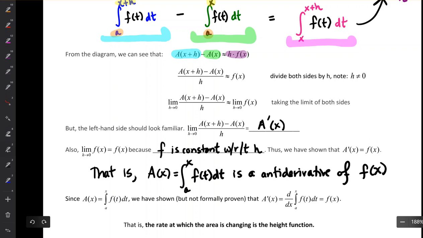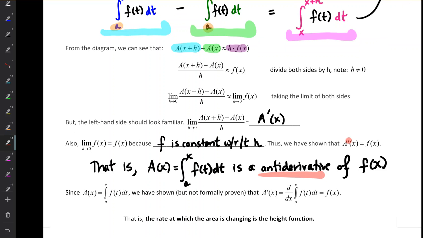What does it mean to be an antiderivative? It means that when you take the derivative of A, you get f. So A is an antiderivative of f, right? And that's exactly what we have written right here.